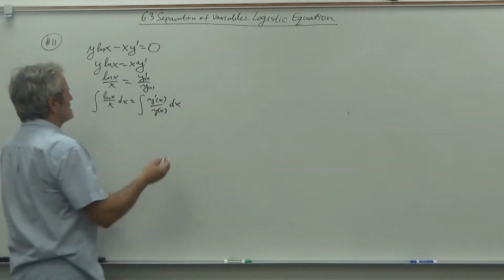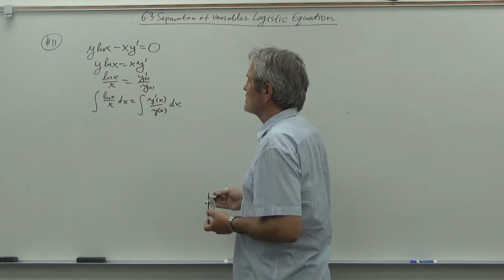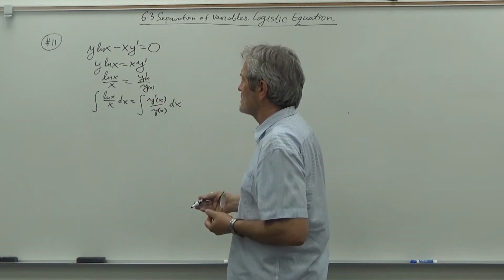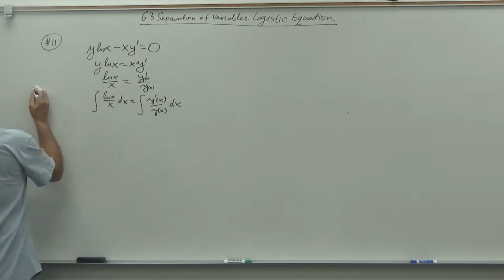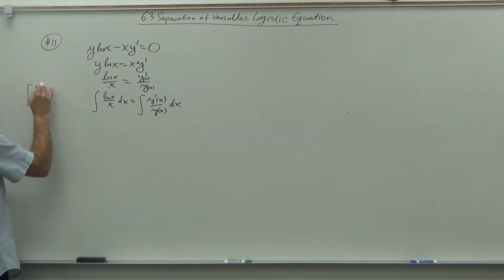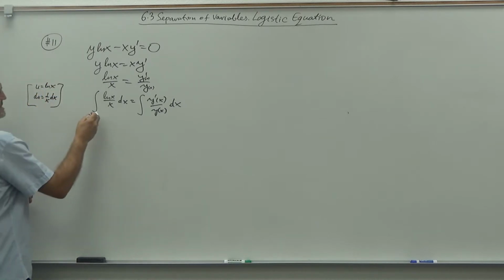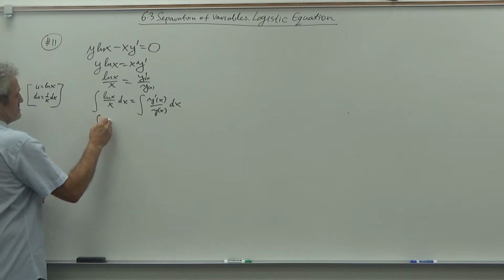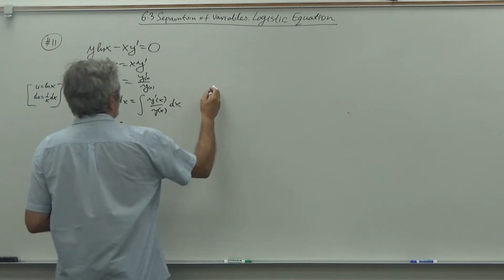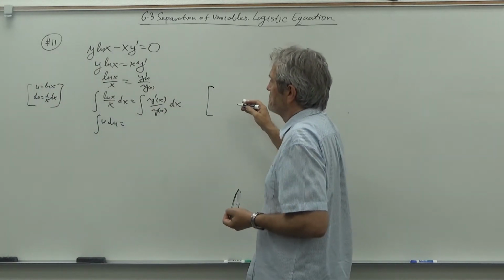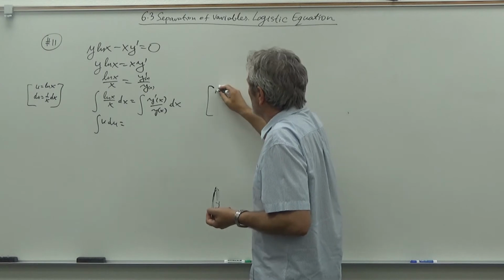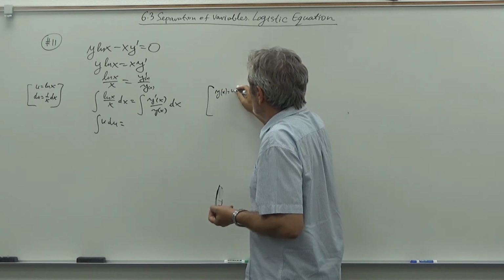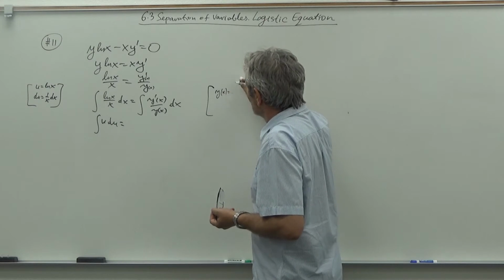So what happens here? In both integrations, I use change of variables. On the left one, what is my substitution? u equals ln x, so du is 1 over x dx. So this will be the integral of u du, equals, on this side I can call it y of x, or I will call it z, it's less confusing.